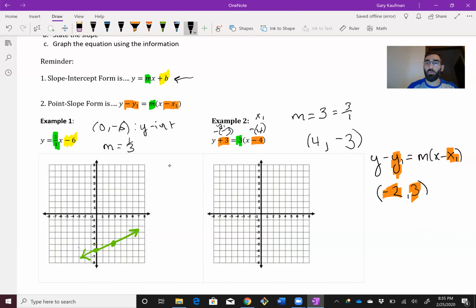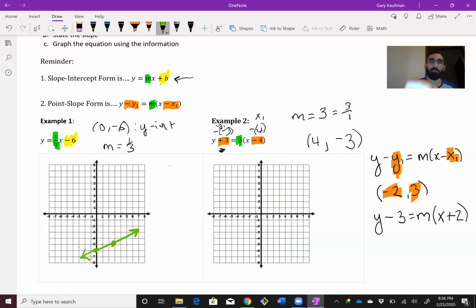So we have y minus 3 equals our m. I haven't given that to you, but you would have it. Times x minus x1, which is a -2. Well, minus a -2 becomes plus a 2. So when we see a plus sign, like over here on +3, that means we substituted in a negative.